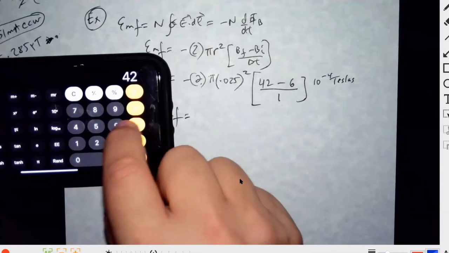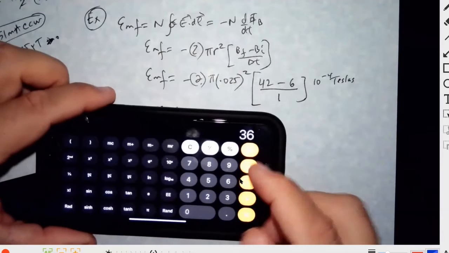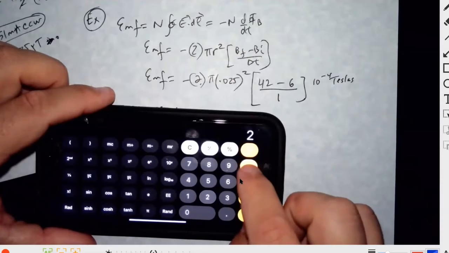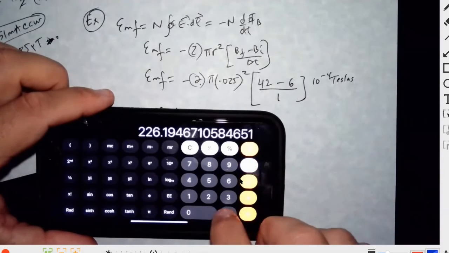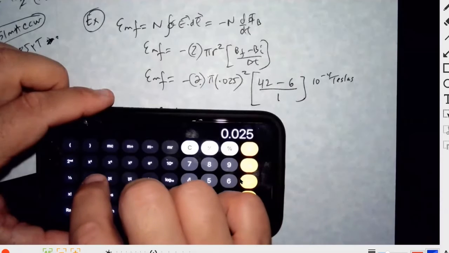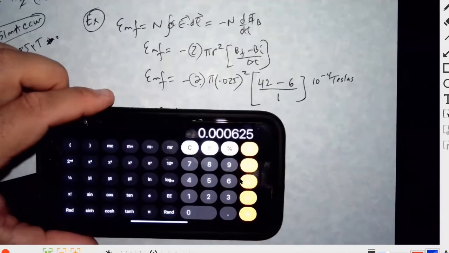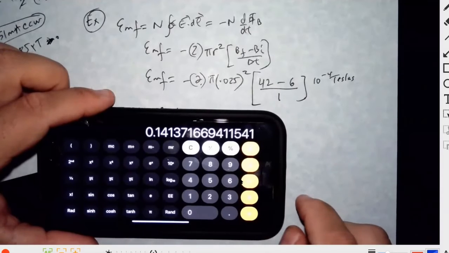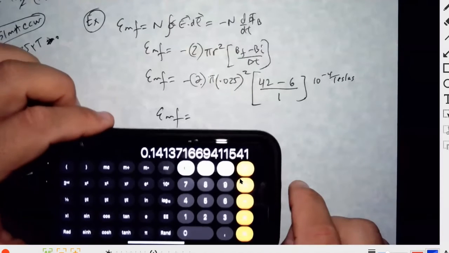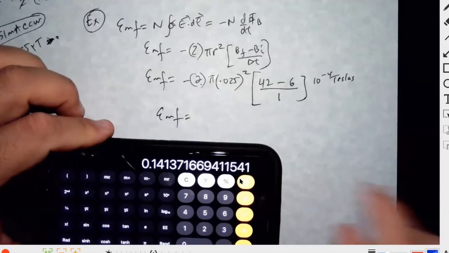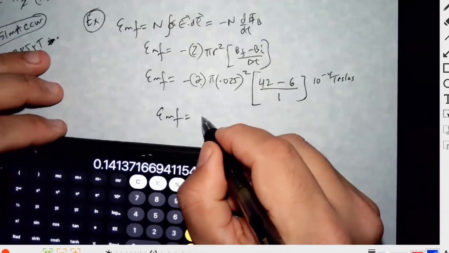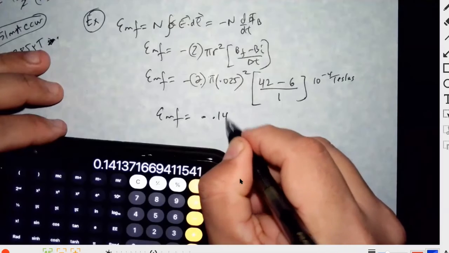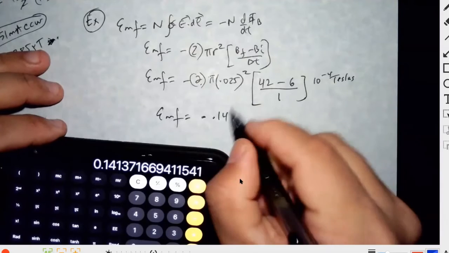Times 2 times pi, and so on. Right, so then you're going to have here negative 0.14, and then this is 10 to the minus 4.